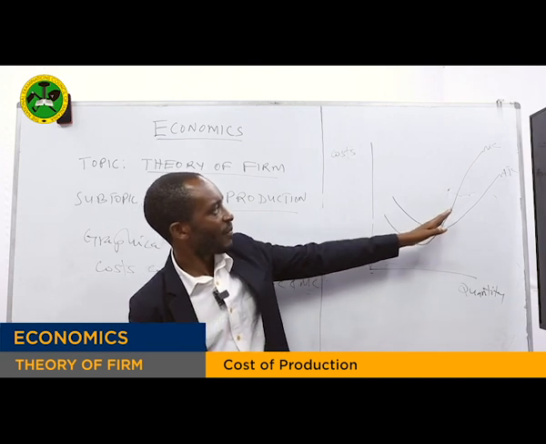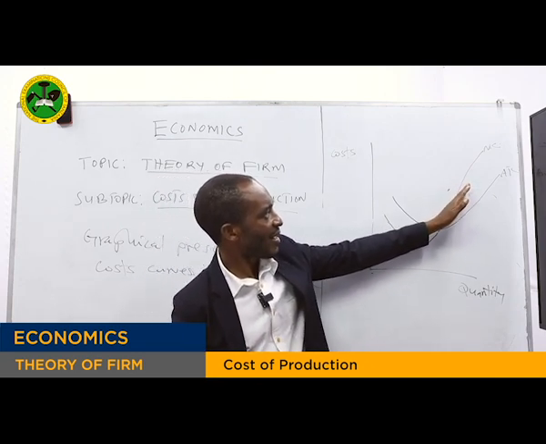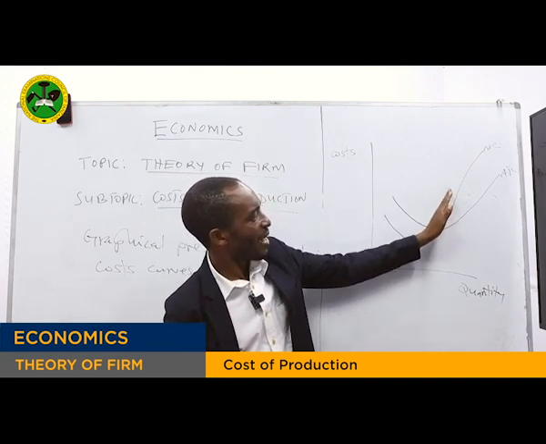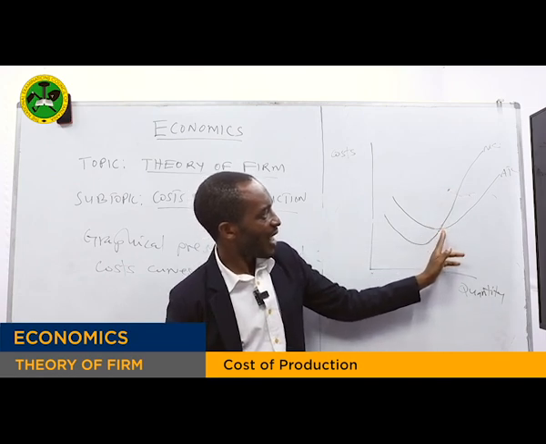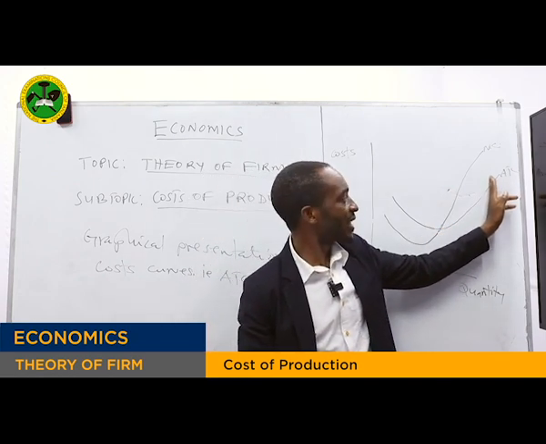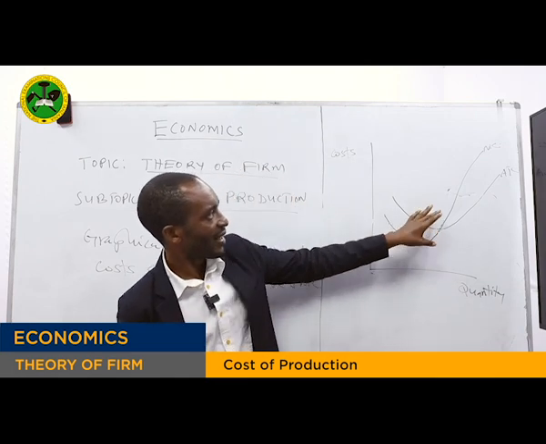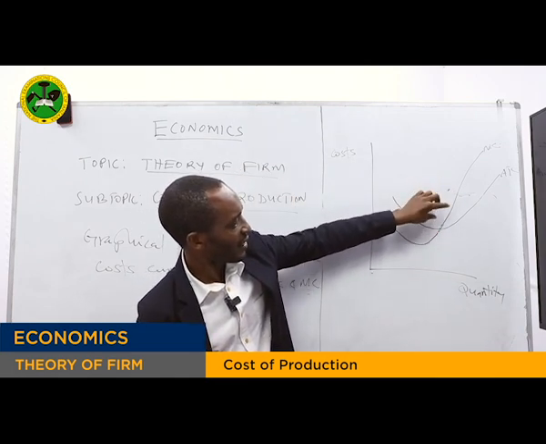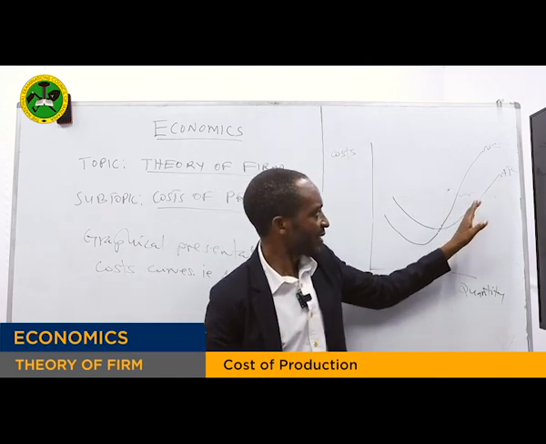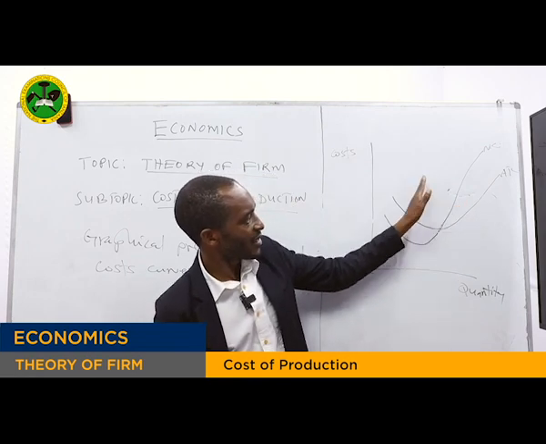When the marginal cost is above, the average total cost starts to increase. So as average total cost is increasing, the marginal cost is above.